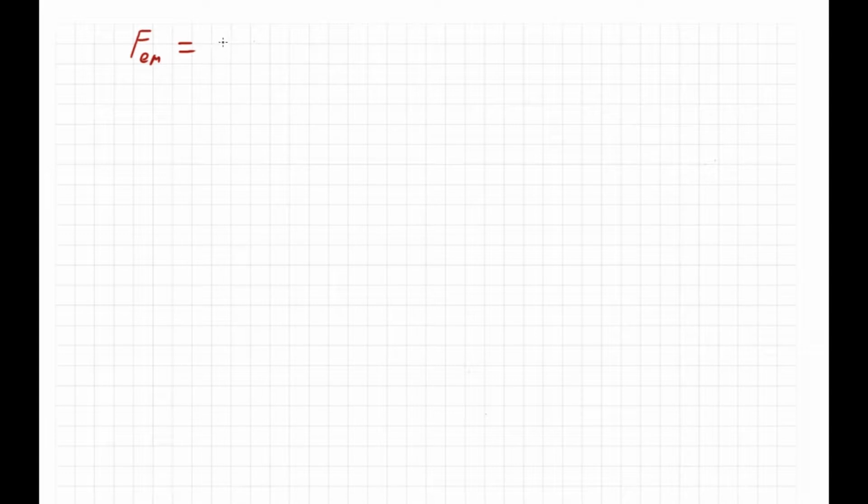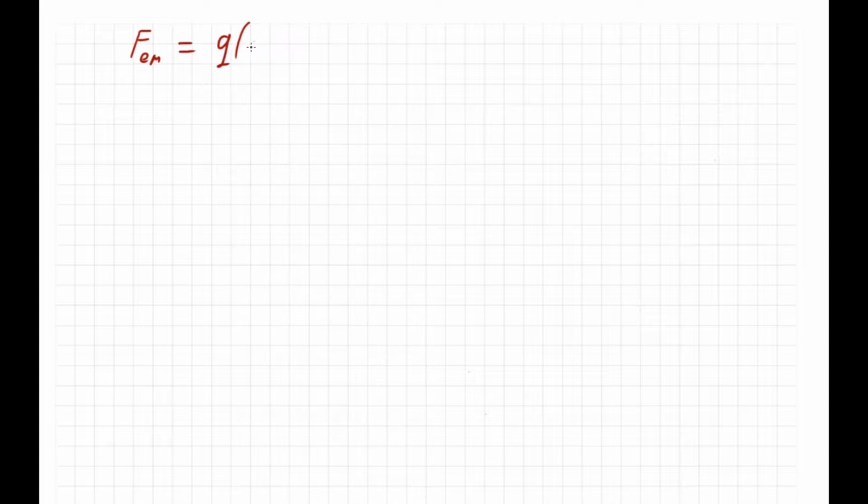Electromagnetic force equals the charge in the magnetic field multiplying round brackets.